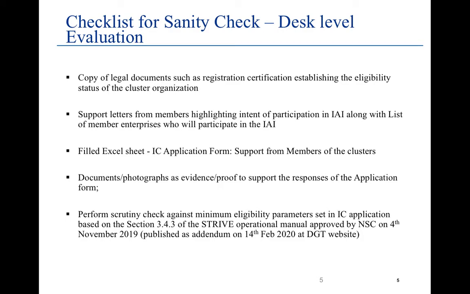If a state SAMC has organized the IC application information in a tabular manner after applying the sanity checks, it becomes all the more useful and informative for the State Cluster Evaluation Committee meeting at first, and at a later stage for the National Cluster Evaluation Committee meeting also. So that's the job expected from the first level of a checklist.